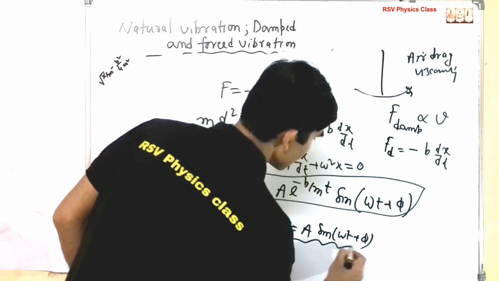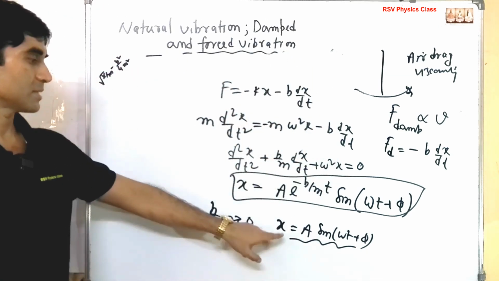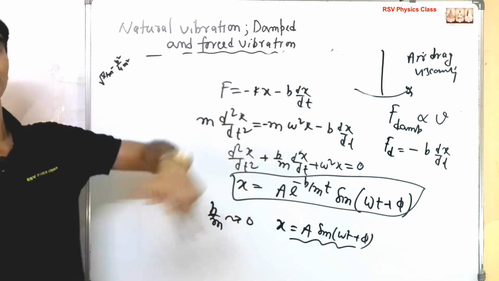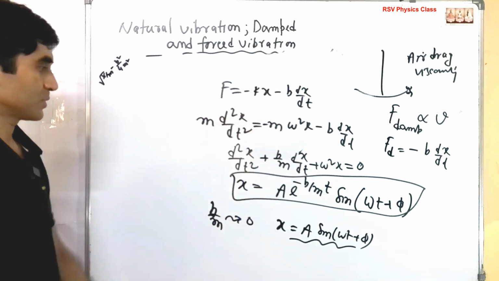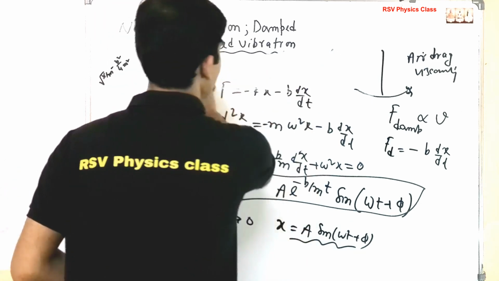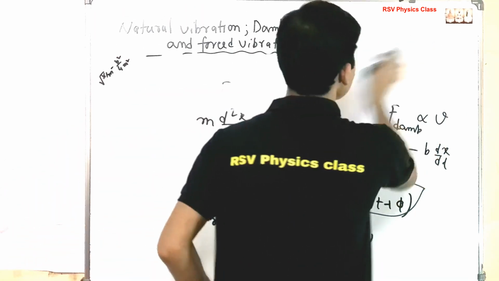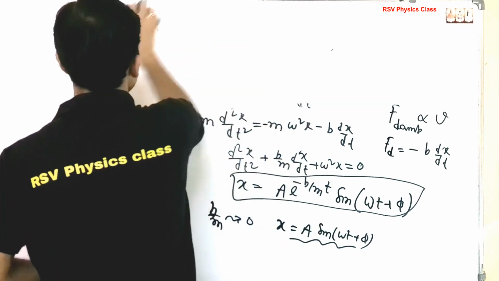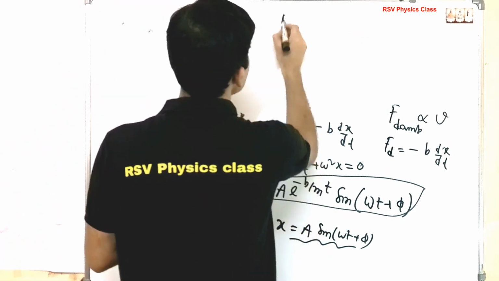So this is the natural oscillation. This is the simple natural oscillation where there is no damping force. So now x equal to a sin omega t, you know.